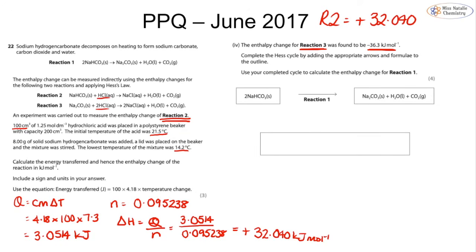And now we want to be able to calculate reaction 1 using a Hess cycle. So we're going to need these two equations here. My target equation is already given to me. That is reaction 1. Now if I have sodium hydrogen carbonate, I go to reaction 2, and I can see when I react that with hydrochloric acid, I'm going to make NaCl aqueous, water liquid, and CO2 gas.